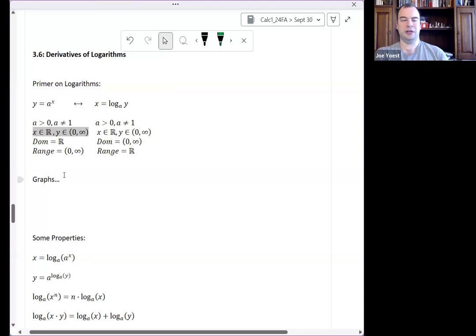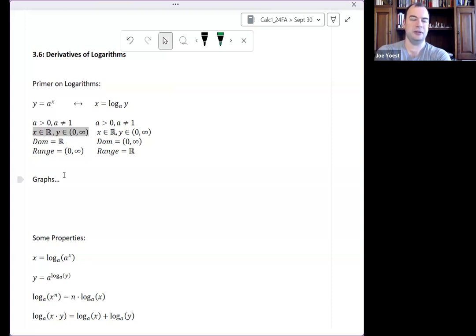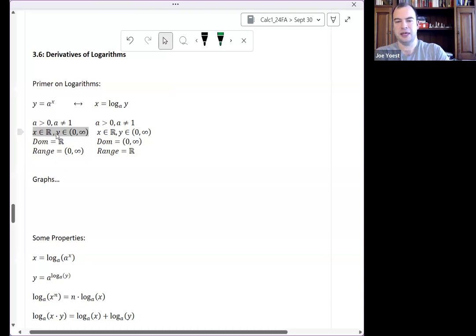If I take a number like 2, or even 1/2, to any real number power, I'm fine with that. The outputs are always positive, so (0, infinity). And we say that the domain is all real numbers, and the range is the positive real numbers for my exponentials.